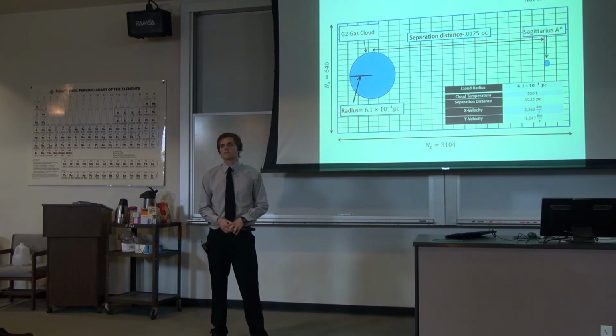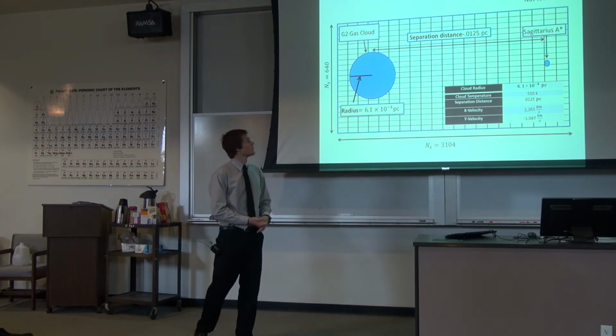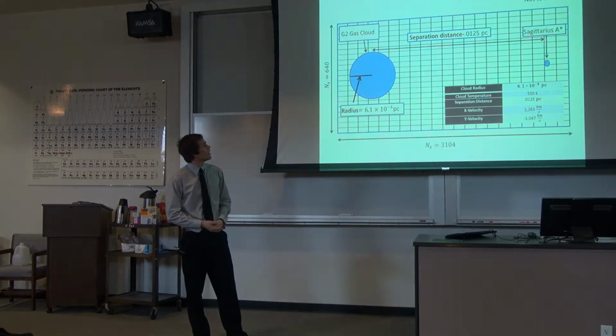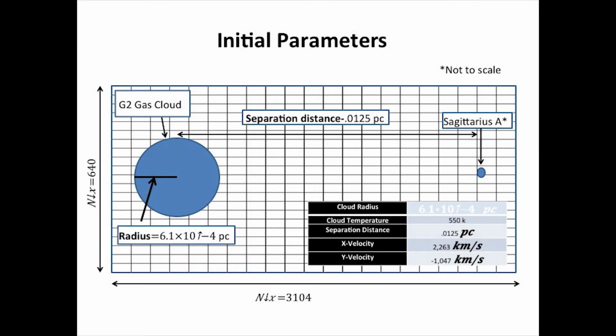So the first thing we had to do is determine some initial parameters, as you can see up here. We basically initialized the gas cloud as a spherical blob with an initial Gaussian density distribution, radius of 6.1 times 10 to the minus 4 parsecs, which is just a unit of measurement in astronomy.